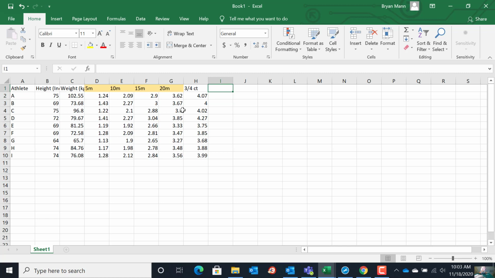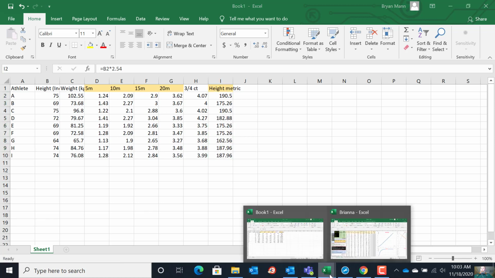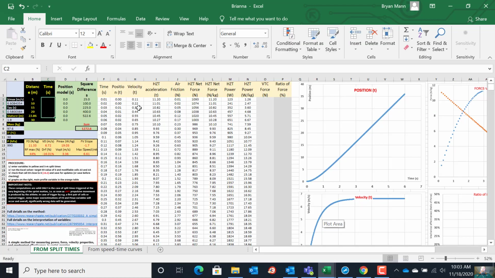One of the first things that we're going to have to do, of course, is get height into metric to use JB's spreadsheet. And how are we going to do that? Well, that's inches over there, so we're just going to do equals B2 times 2.54. And then we will just click and drag that sucker on down. And then let's see, actually, I'm going to open up the spreadsheet from somebody from a different team.